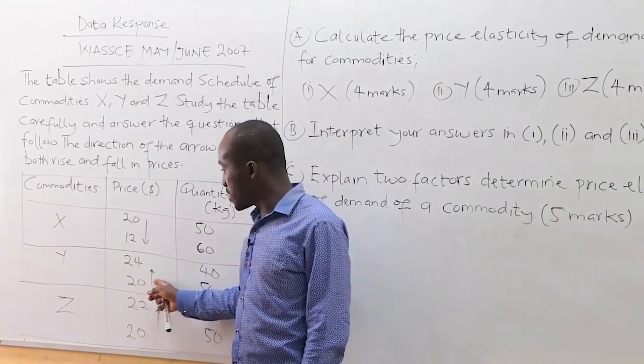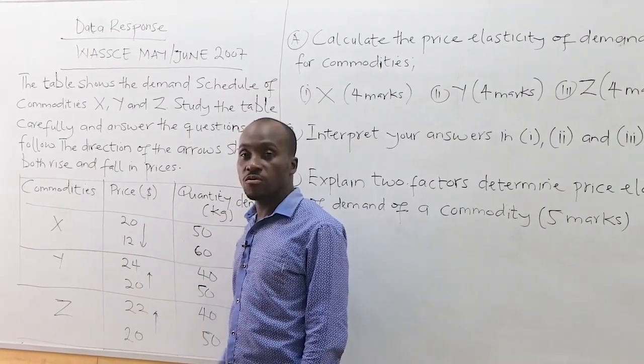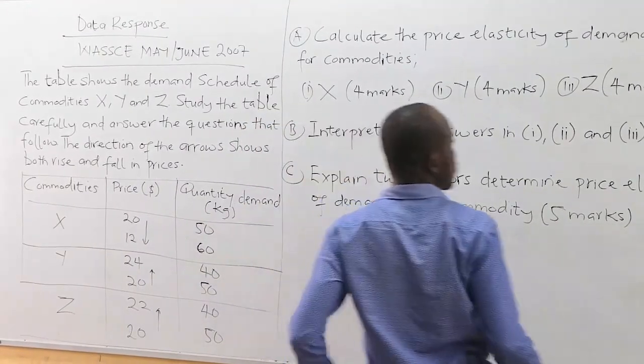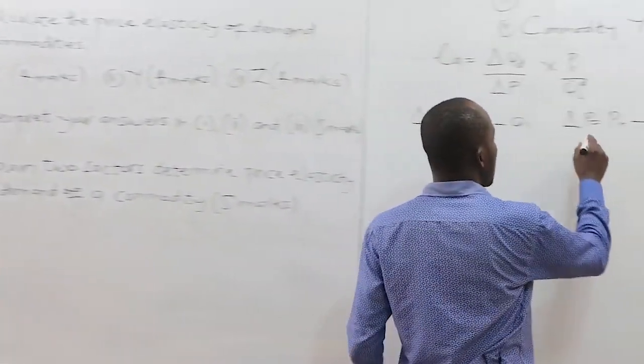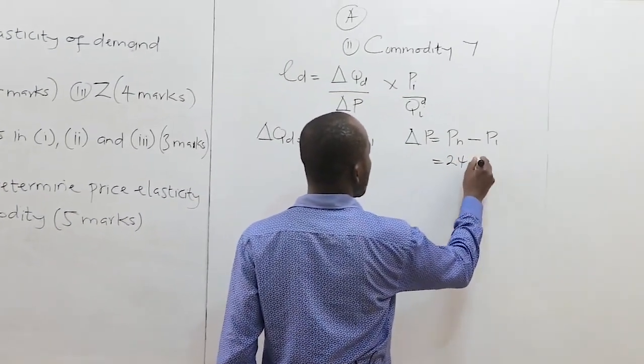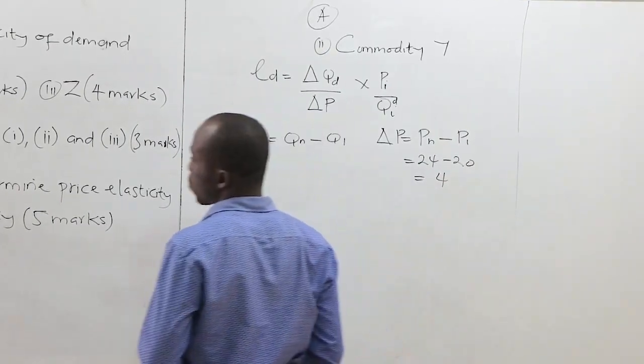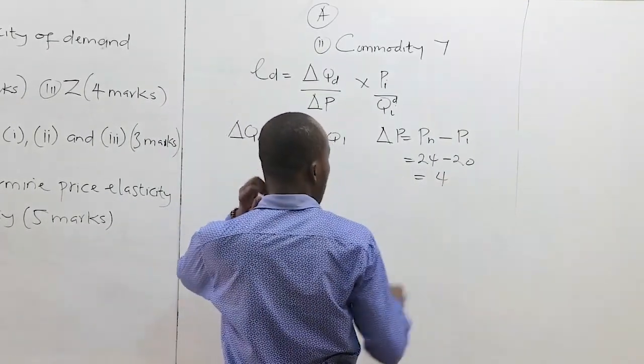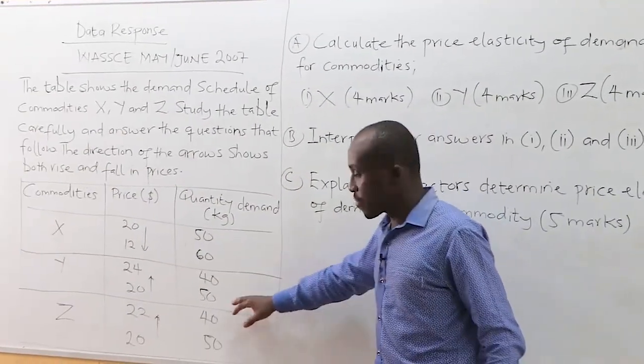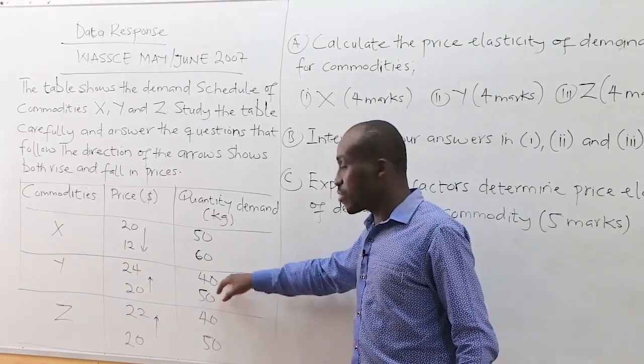Price was 20 and it increased to 24. So the new price is 24, the old price was 20, that gives you 4.